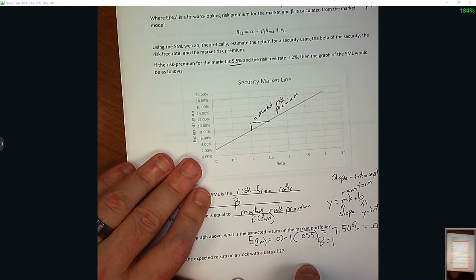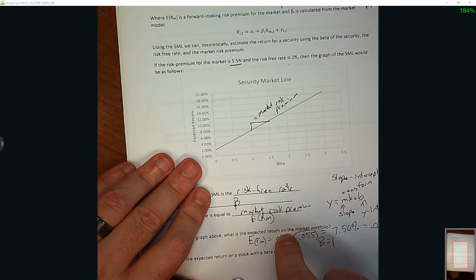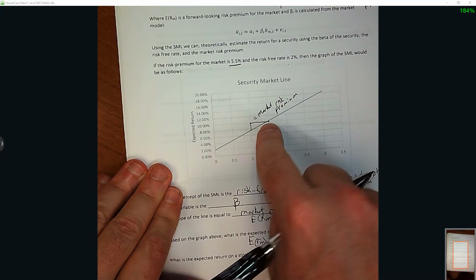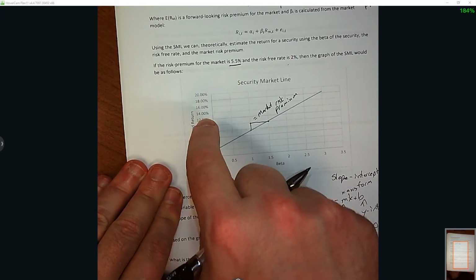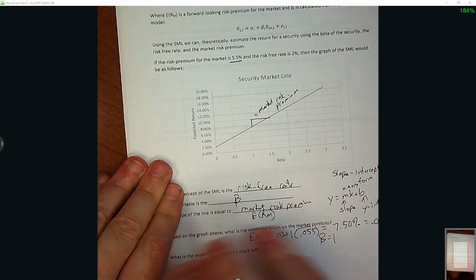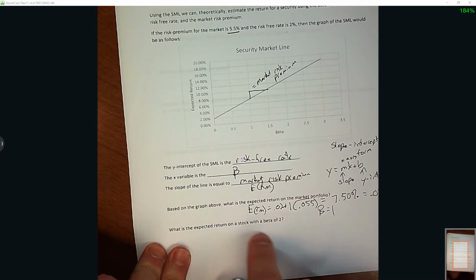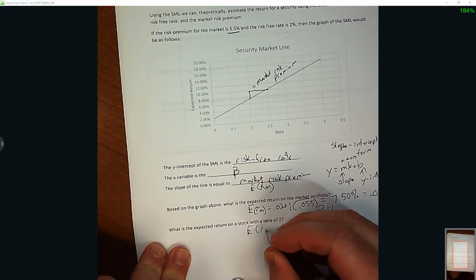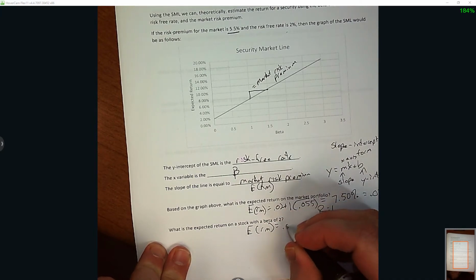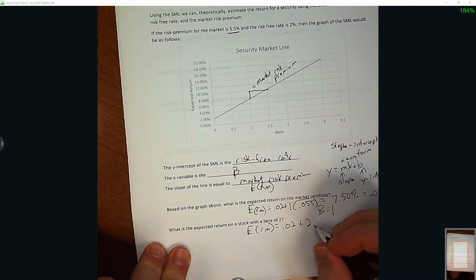All right. So again, the idea behind the CAPM is if I know the beta, given this information for any firm, all I need to know is the beta, and I can give you the expected return for that company. So what is the expected return on a stock with a beta of 2? The expected return is equal to 0.02 plus 2 times 0.055.